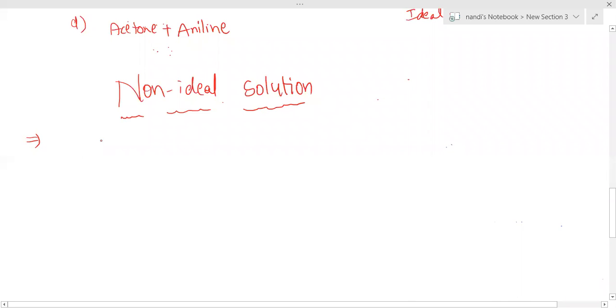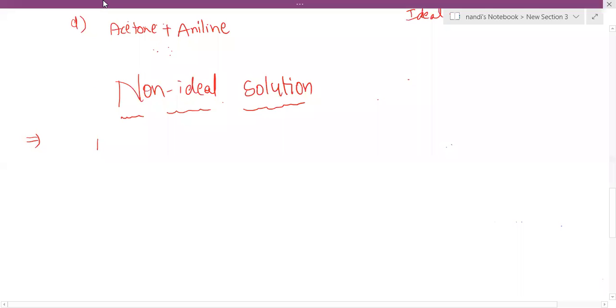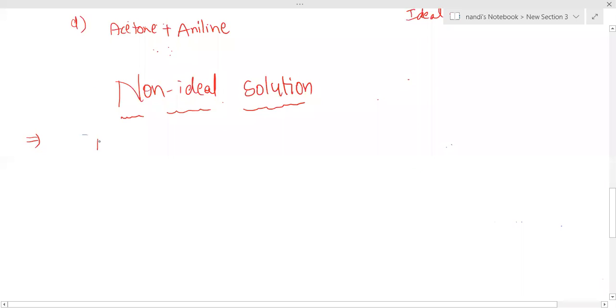Non-ideal solutions are of two types. One is positive deviation from Raoult's law. The other one is negative deviation.